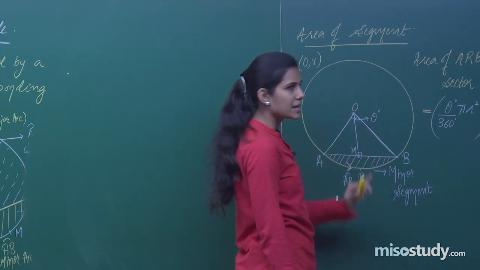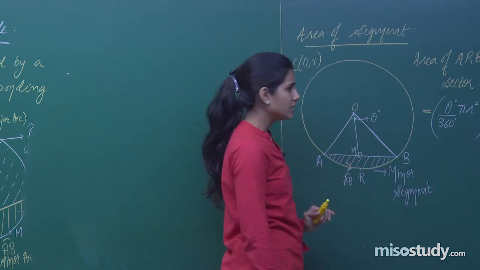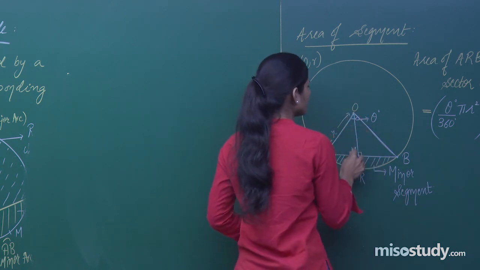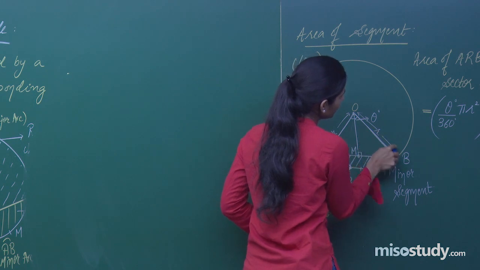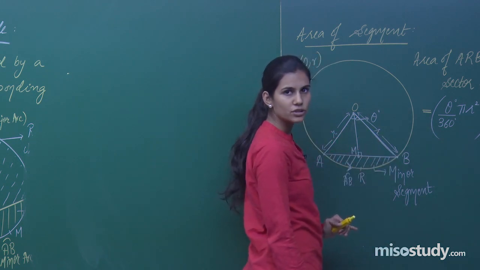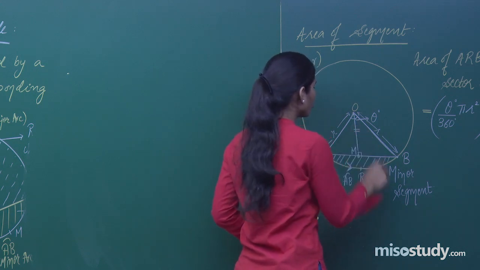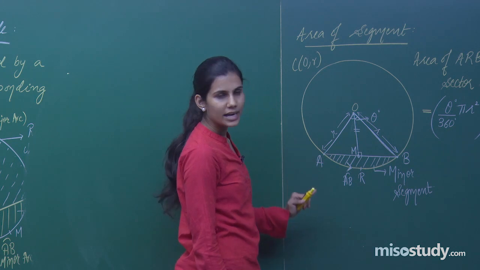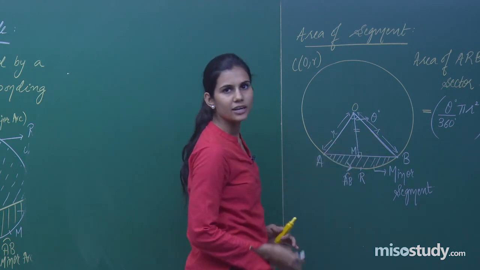So one angle is the same in both triangles, which is a right angle. After that, OA is equal to the radius and OB is also equal to the radius. So one side is also equal, which is actually the hypotenuse, and you already have OM equals OM because it is the common side. So by right angle hypotenuse side, both these triangles are actually congruent to each other.